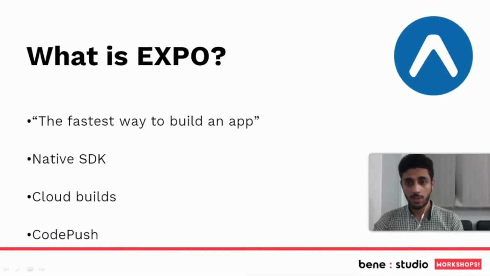You can build your applications on the cloud and then just receive the download link. So there is no need for you to have both a separate iOS machine and another machine for building Android apps, for example. Not to mention that they also have an over-the-air code push service out of the box.